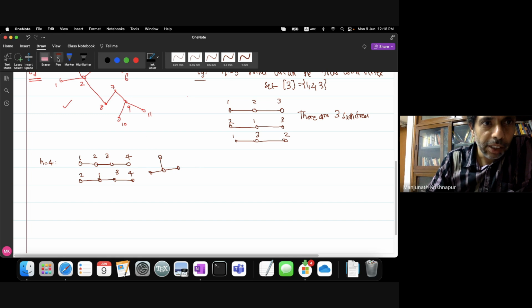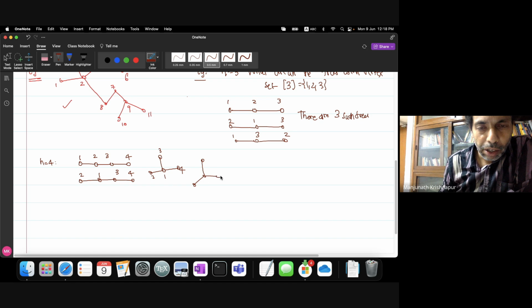So if I put 1 here and let's say 2, 3, 4, this is a different tree. Whereas if I put 2 here and 1, 3, and 4, that's yet another tree.